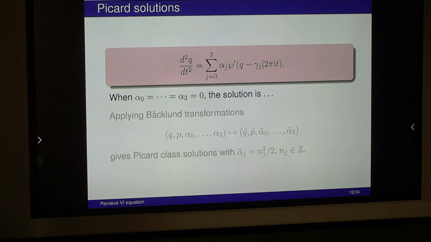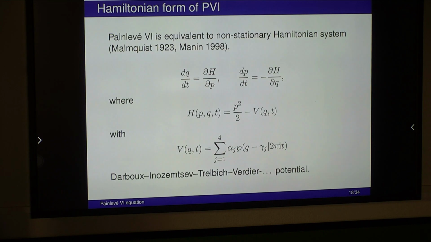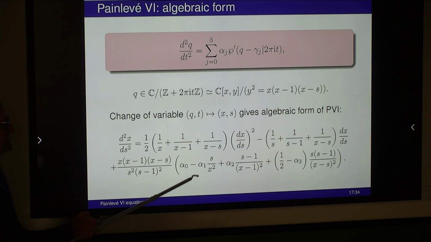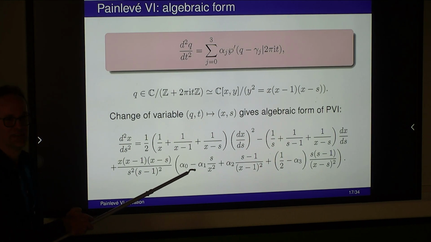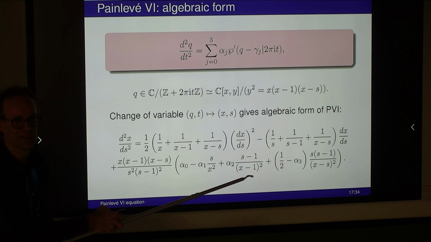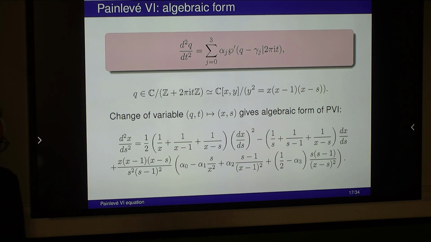But it's an easy equation, and when you solve that, it means that you have also solved this thing when all the alphas are 0. And that doesn't seem so easy. And that's actually what Picard did. So Picard solved this equation when all the alphas are 0. That's why they are called Picard solutions.